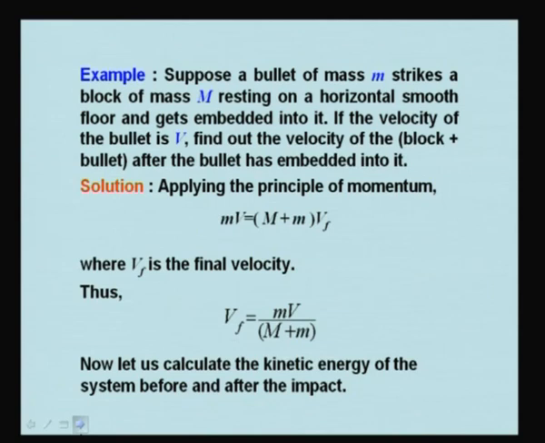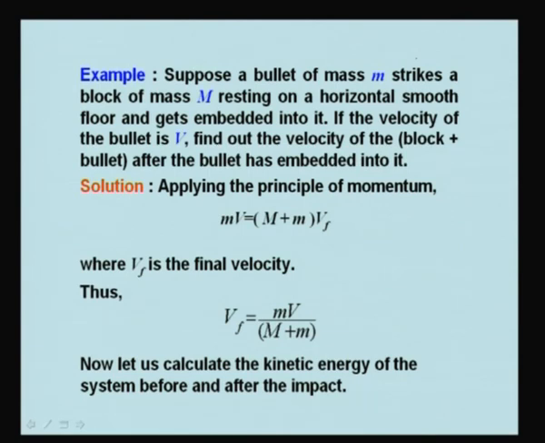For example, suppose a bullet of mass m strikes a block of mass m resting on a horizontal smooth floor and gets embedded into it. If the velocity of the bullet is v, find the velocity of the block plus bullet after the bullet has embedded into it.